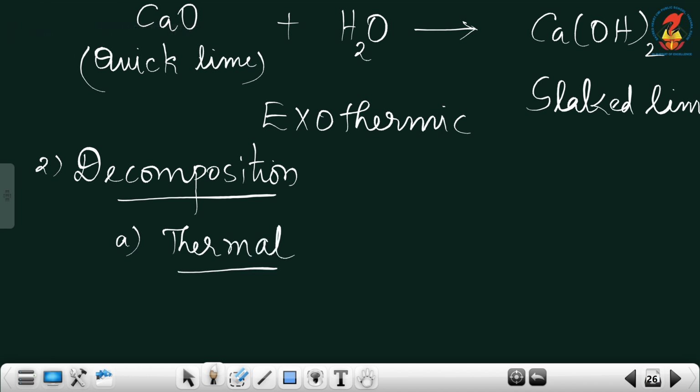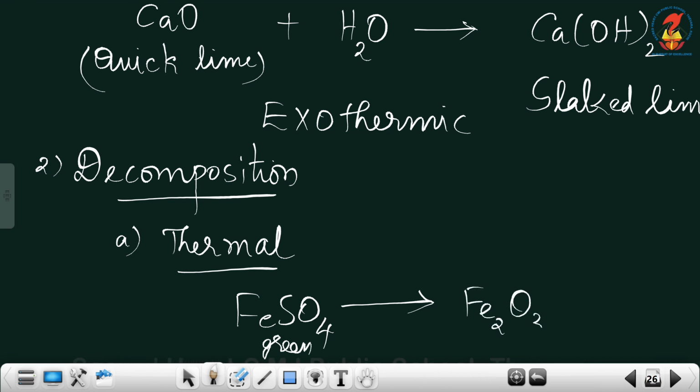Thermal decomposition is simple heating of a material, for example ferrous sulfate. Ferrous sulfate is green in color, and if you are heating it in a test tube, we will get Fe2O3, ferric oxide, and then sulfur dioxide and sulfur trioxide.